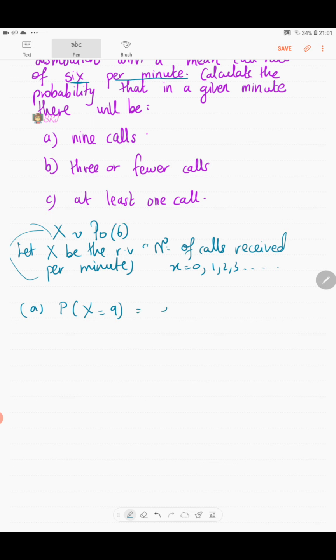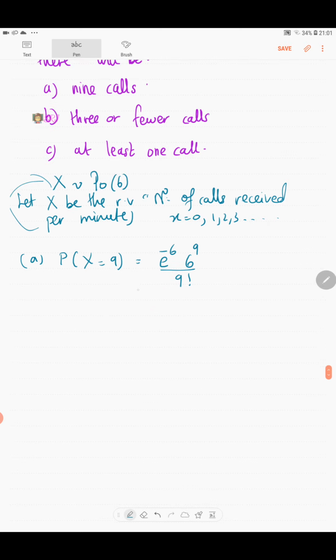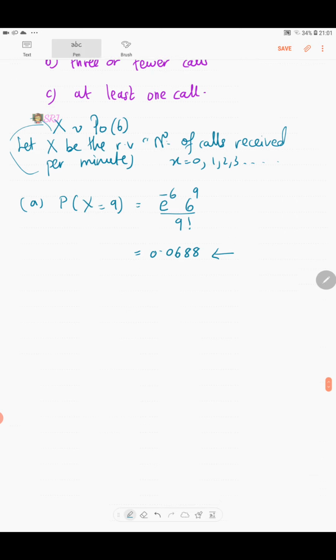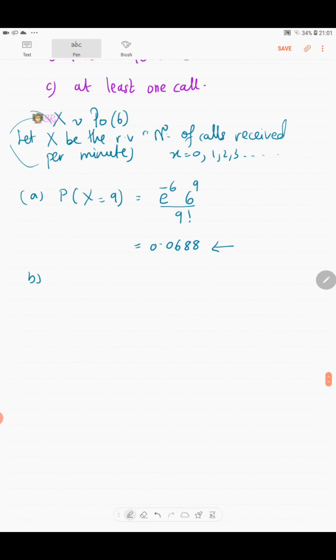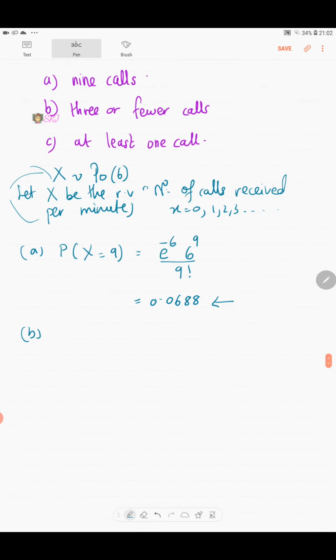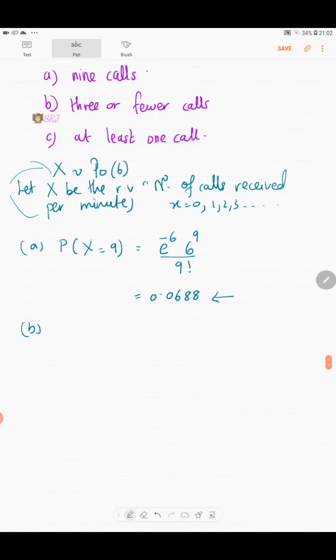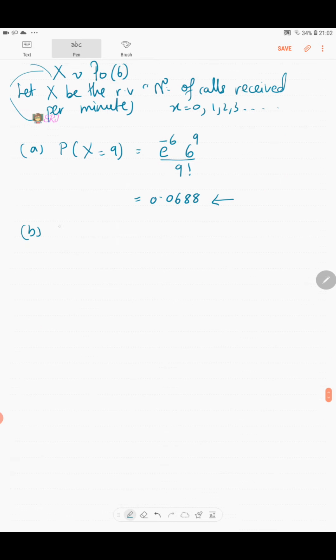So we are using the PDF for the Poisson distribution. It is e power minus 6, 6 power 9 over 9 factorial, which is 0.0688. This is part A. And part B, 3 or fewer calls.